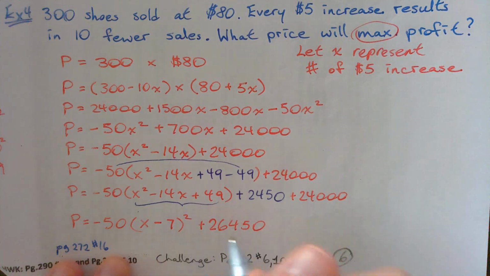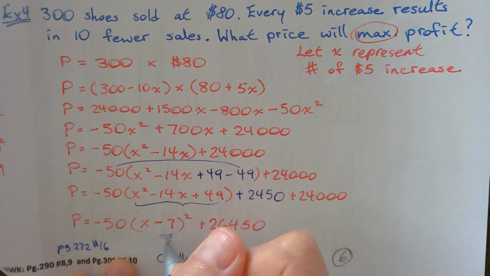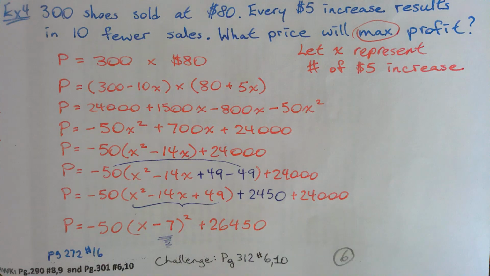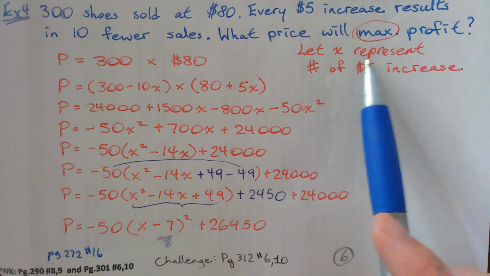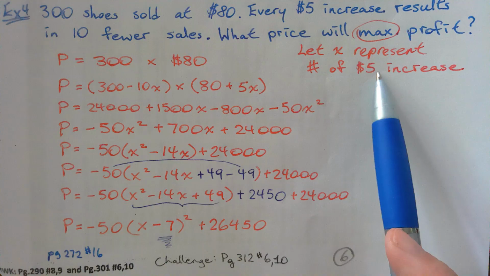So if you just look at this, based on what we did, you know that the vertex is 7 and 26450. But that doesn't mean I'm setting the price at $7. If I set the shoe price to $7, I'm gonna go broke because my cost is more than $7. So what is this 7 right here? Well, as Gavin said, remember X represents the number of $5 increases.